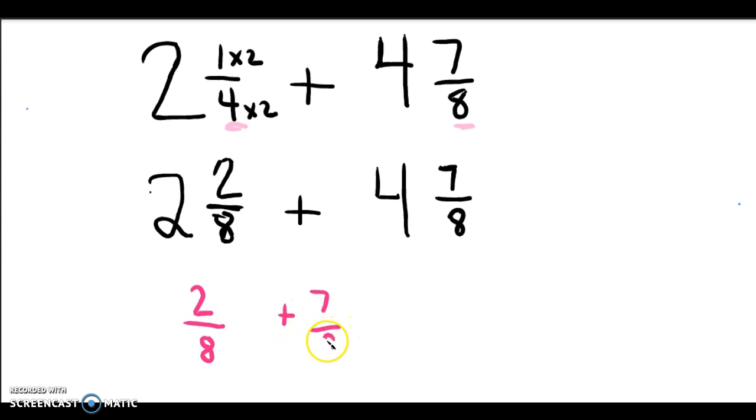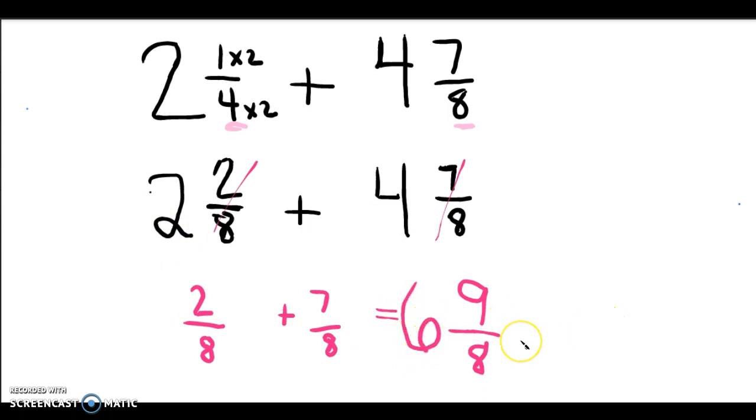So 2 plus 7 is 9. And my denominator stays the same, so 9/8. Now I'm not done, right, because I've only added the fractions. I haven't touched my whole numbers yet. So let's add our whole numbers. 2 plus 4 is 6.